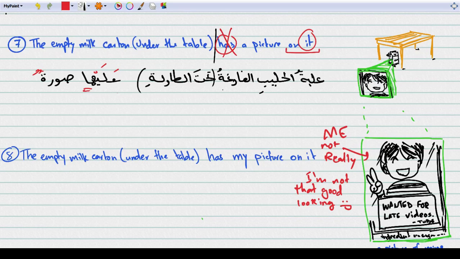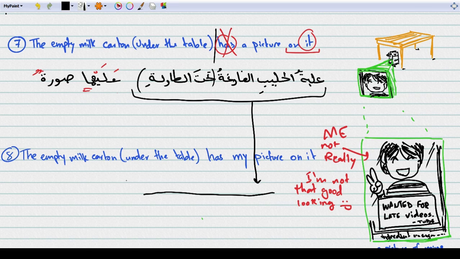So we translate that the same way. So the first part is the same. علبة الحليب الفارغة تحت الطاولة. And then the second part is just that we'll say عليها.